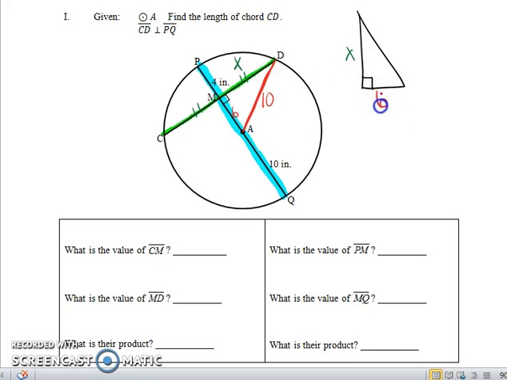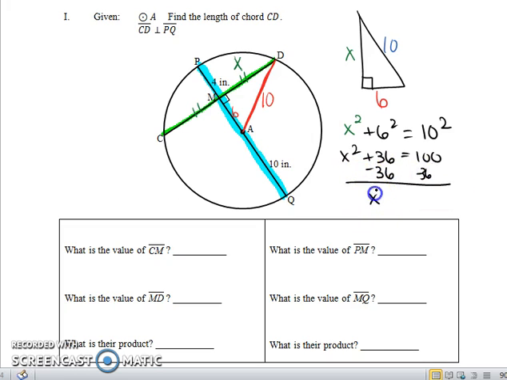We said this was 6 and the radius was 10. So using Pythagorean theorem, x squared plus 6 squared gives us 10 squared. So x squared plus 36 equals 100. Subtracting 36 on both sides, we get x squared is 64.